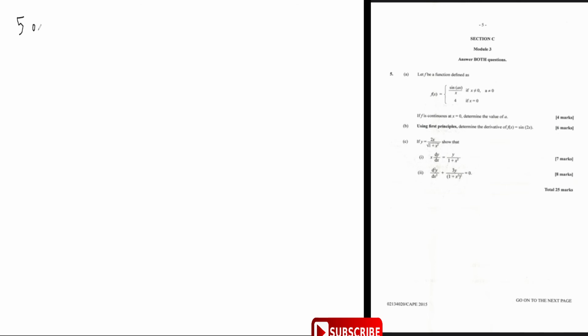Question 5 says, let f be a function defined as f of x is sine ax over x when x is not equal to 0, of course, and it's equal to 4 otherwise, that is, if x is equal to 0.